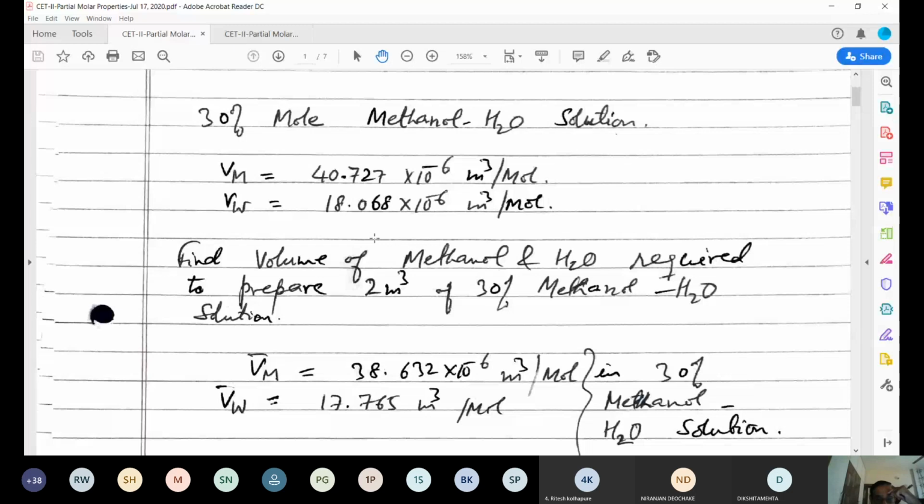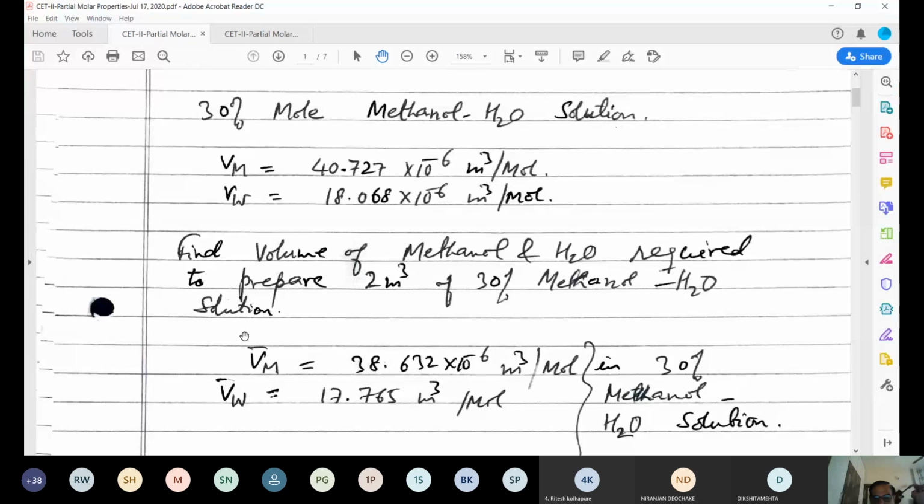Now we have to find out the volume of pure methanol and pure water which we should mix together to prepare 2 cubic meters of 30% methanol water solution. They have also given that the partial molar volume of methanol is 38.632 and that of water is 17.765. Right?